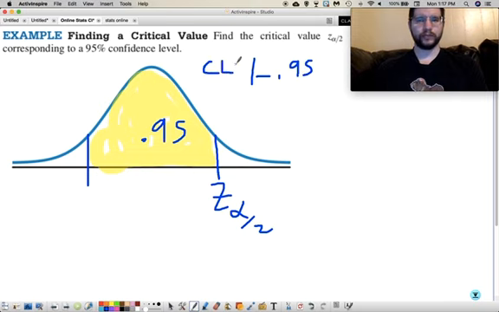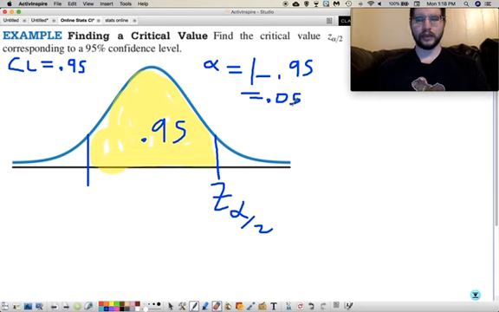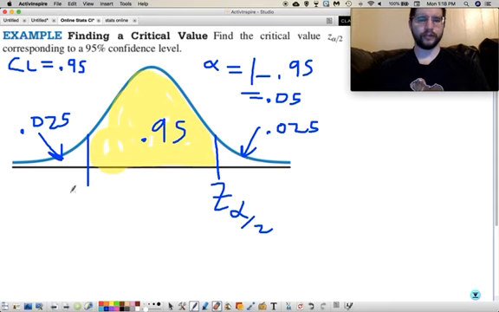That's 1 minus the confidence level. The confidence level is 0.95. So alpha is going to be 1 minus 0.95, which is 0.05. Chop that in half. So right here, this would be 0.025, and right here, that'll be 0.025. Each one of them has to be half of alpha.